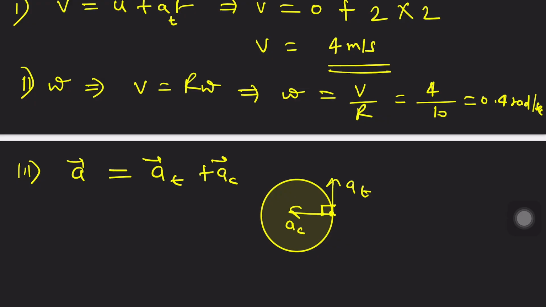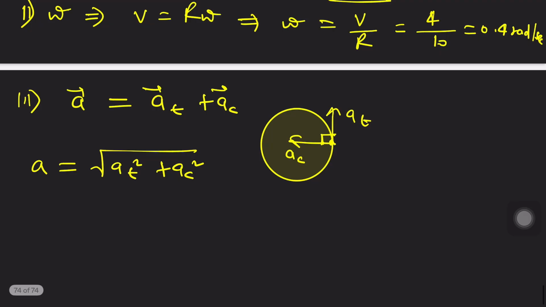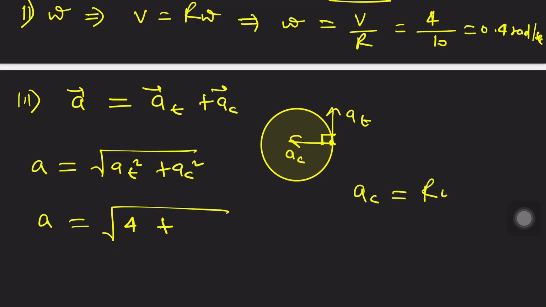So we can say that a net will be under root of a_t square plus a_c square. So a will be under root of a_t, which we know already is given, 2, so that is 4. How do we get a_c? So a_c is very simple, that is r omega square.